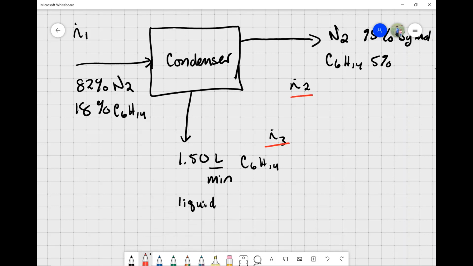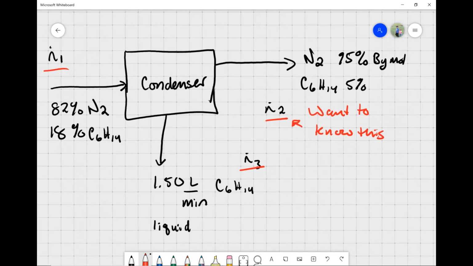This time I decided just to do it 1, 2, and 3. And we want to know what the molar flow rate of the exit gas stream is.